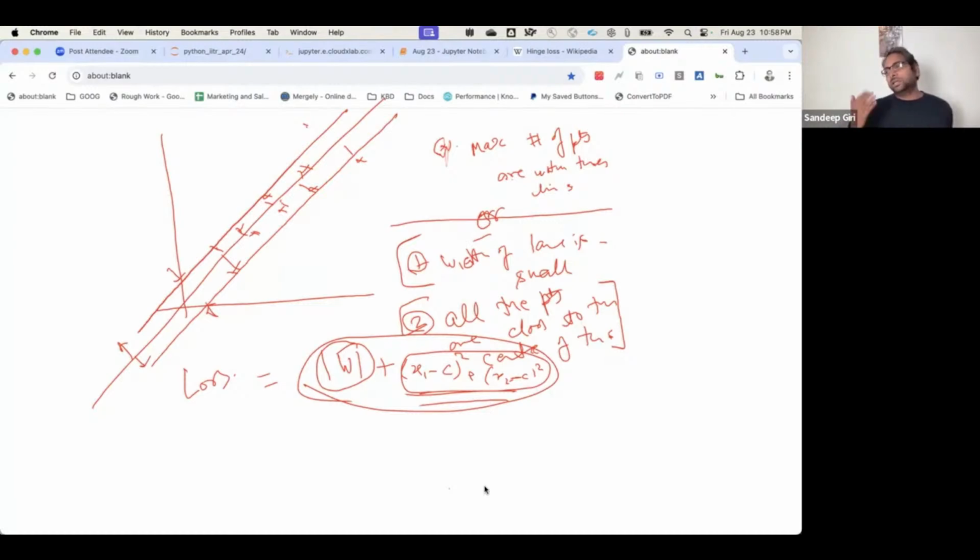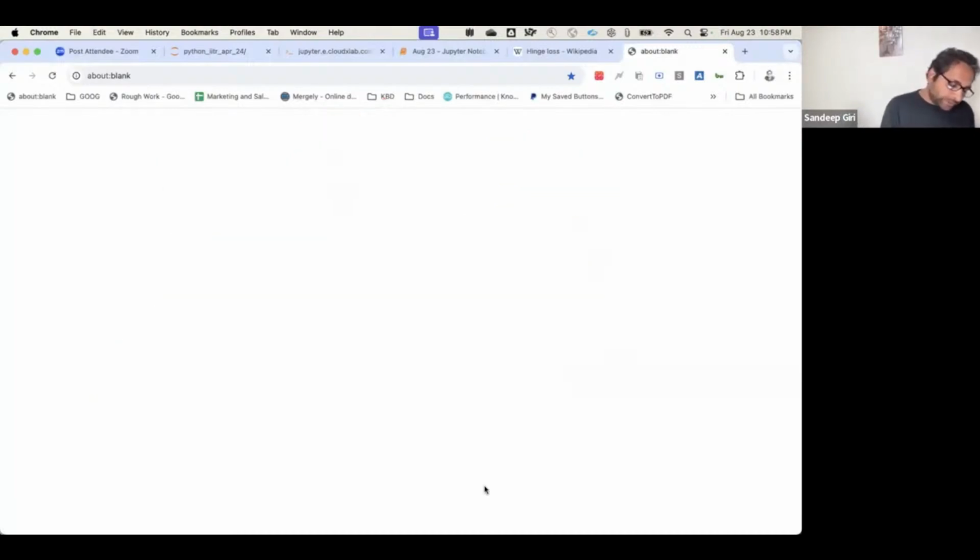One way was to take the predicted value minus the actual value, square it and sum it. But what people found is that, imagine for a moment that you have, let's say, this data point.